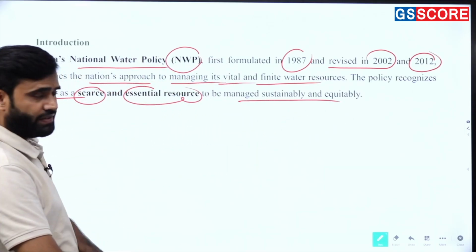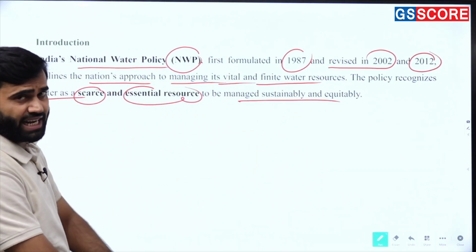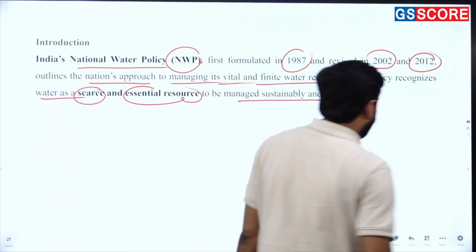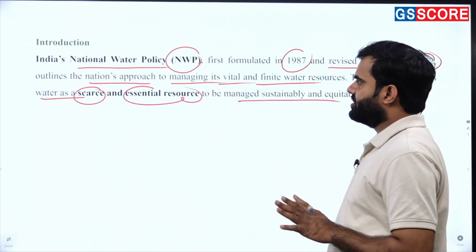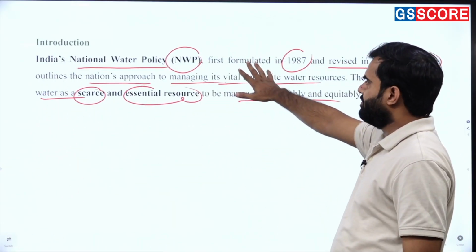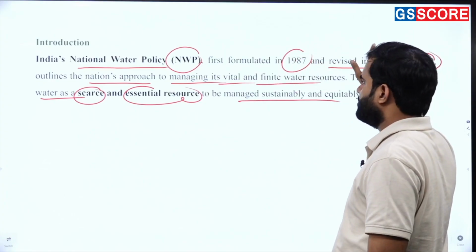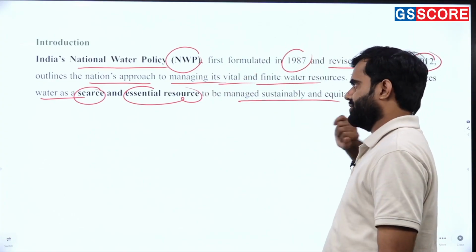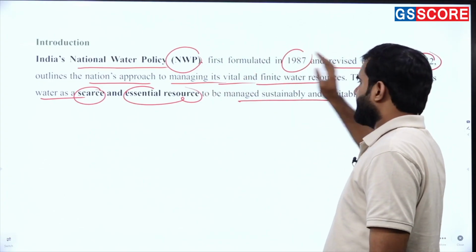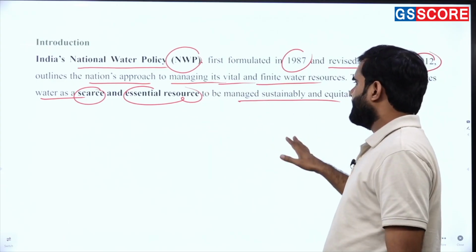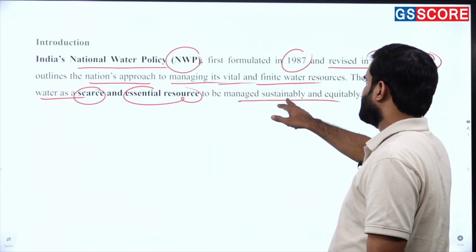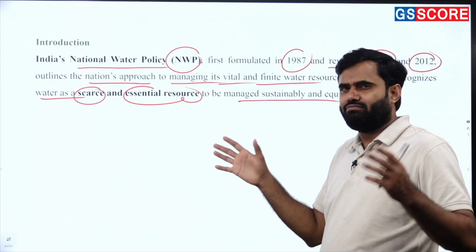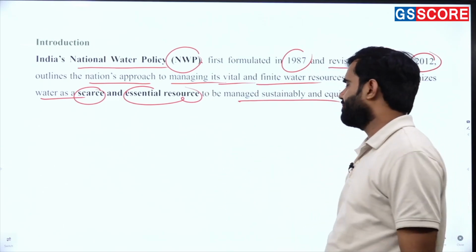We mentioned all these things. Getting my points? Now, this is enough for the introduction. We mentioned the National Water Policy, announcement, launch, revisions, and its approaches. The policy recognizes all these things. That was the reason we said to be managed sustainably and equitably. I added some advices also.